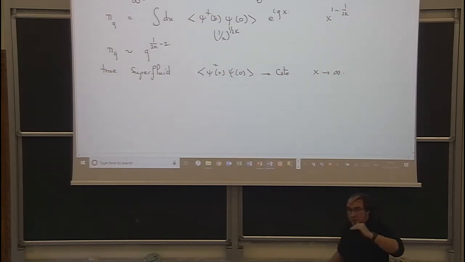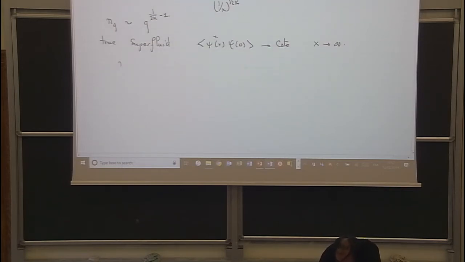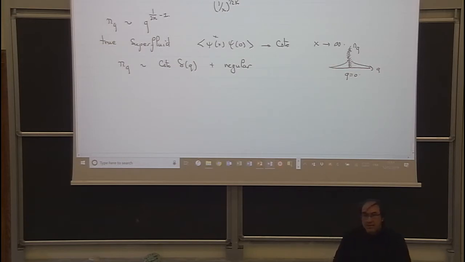The Fourier transform of a constant is a delta function in Q. So the Fourier transform tells that n of Q has a part which is a certain constant times delta of Q plus regular terms. So it means that my occupation number, n of Q, as a function of Q, has a delta function peak at Q equals 0, plus whatever tails I need. This is a true superfluid. I get a delta function. I have a macroscopic occupation of the mode at Q equals 0.